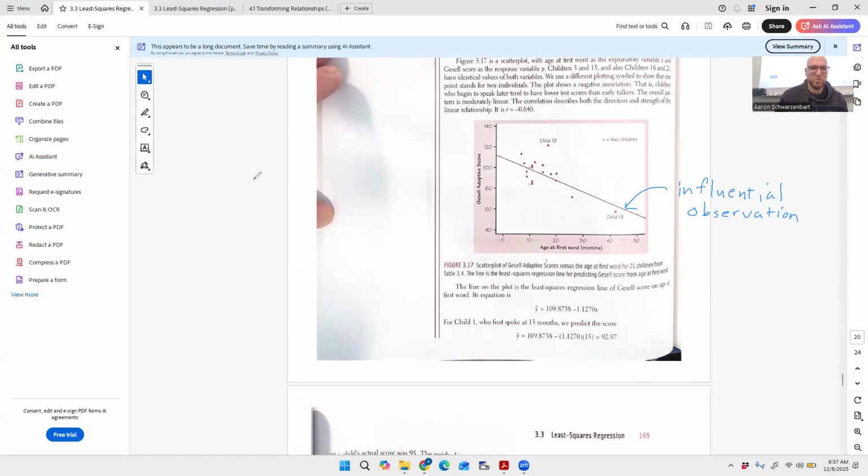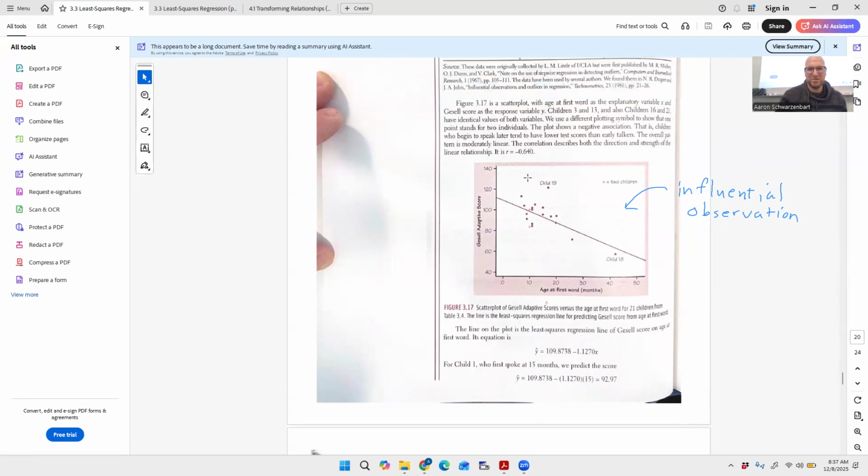Okay. So if we're looking at this, we get an R value for this data of negative 0.640. I mean, it's not great, but that's not that bad. R squared, 40% of the later score on an intelligence test can be predicted by when they spoke their first words.